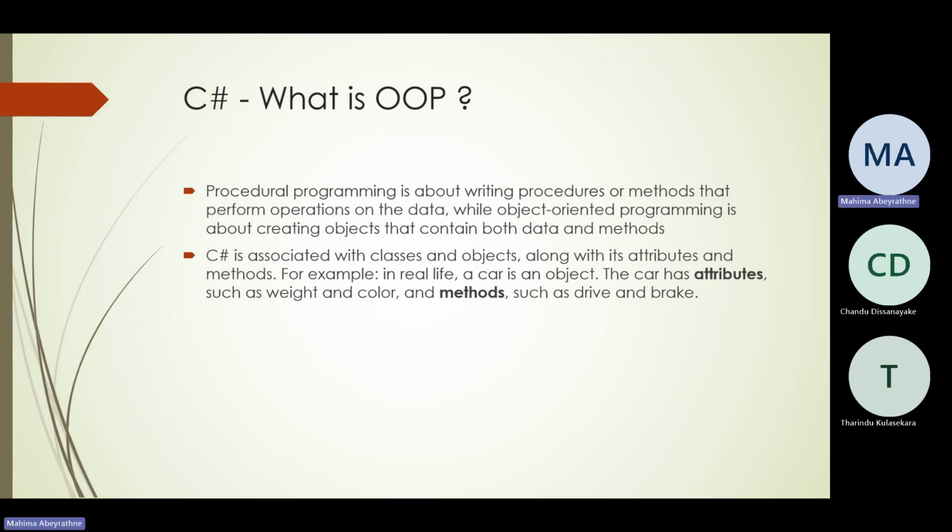C Sharp is associated with classes and objects, along with their attributes and methods. For example, in real life a car is an object. The car has attributes such as weight and color, and methods such as drive and brake.